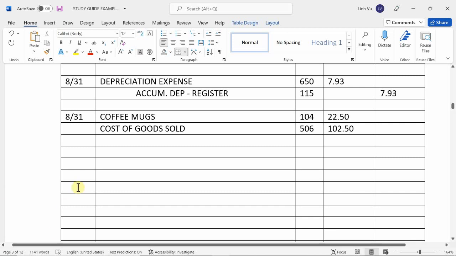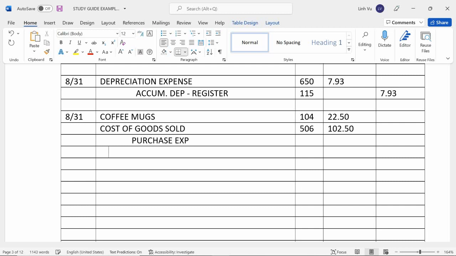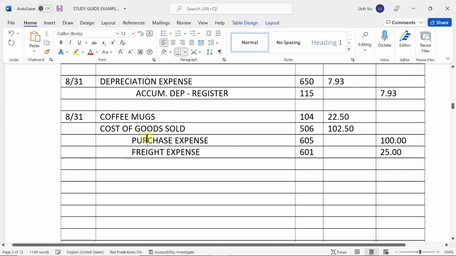And then I have to zero out, because I'm doing a conversion entry where I am converting my purchase expense and my freight expense to inventory. So that means I have to zero these accounts out, for $125. Again, conversion entry.